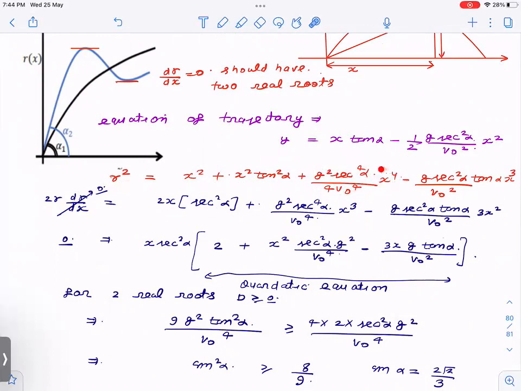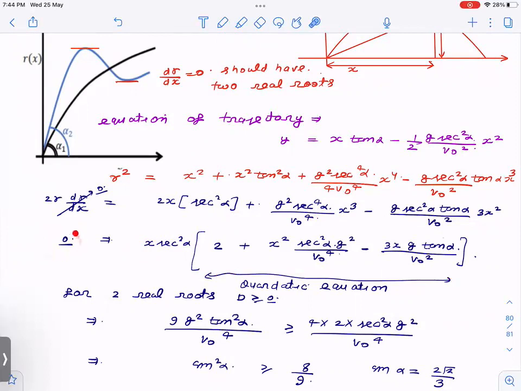And x power 4 becomes 4x cube, the 4 cancels. So this is a cubic equation, but if you take x secant square alpha outside, other than the origin, x is not 0. We are actually looking for points where x is not 0. So if I take x secant square alpha common, it becomes a quadratic equation.